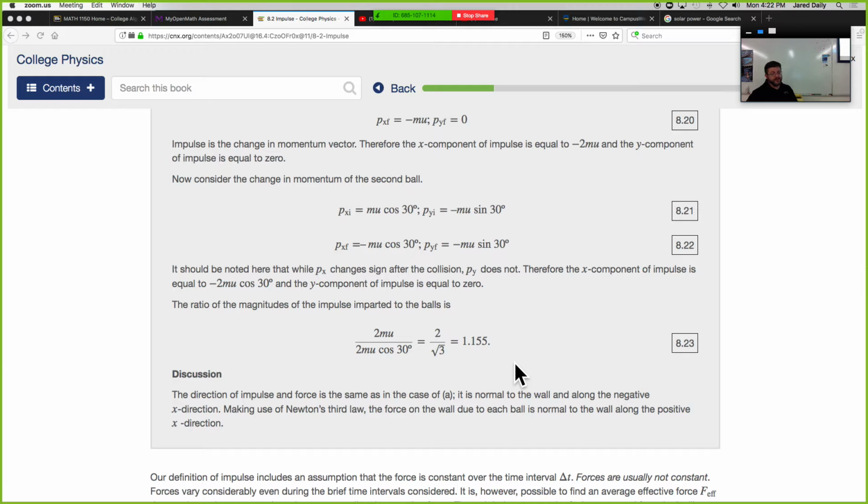Now what they want to know in this problem is the ratio between these changes. And it turns out that the ratio between these changes is actually 1 over cosine 30, because the 2 times m times u just cancels out. So 1 over cosine 30 happens to be 2 over square root of 3. We write that down there in the video.